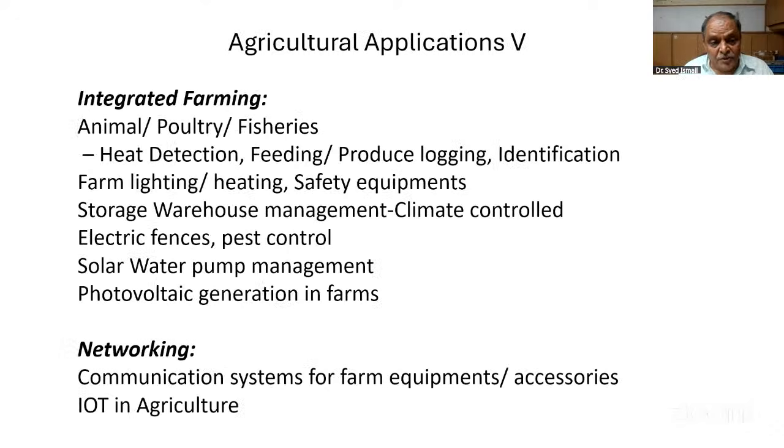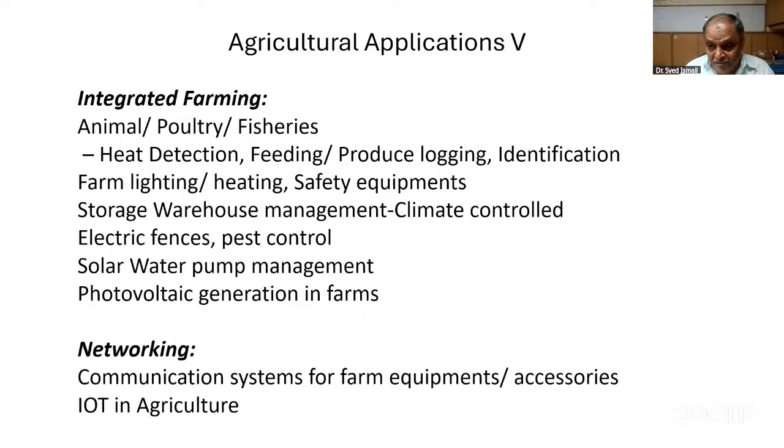Integrated farming, as I already told, like poultry, animals. When the cow is coming into heat, if we detect it, the farmers can save the milk. And what is the produce? Logging, identification, farm lighting and heating, safety equipment also use electrical. Storage, warehouse management and climate control also use electrical and electronics.